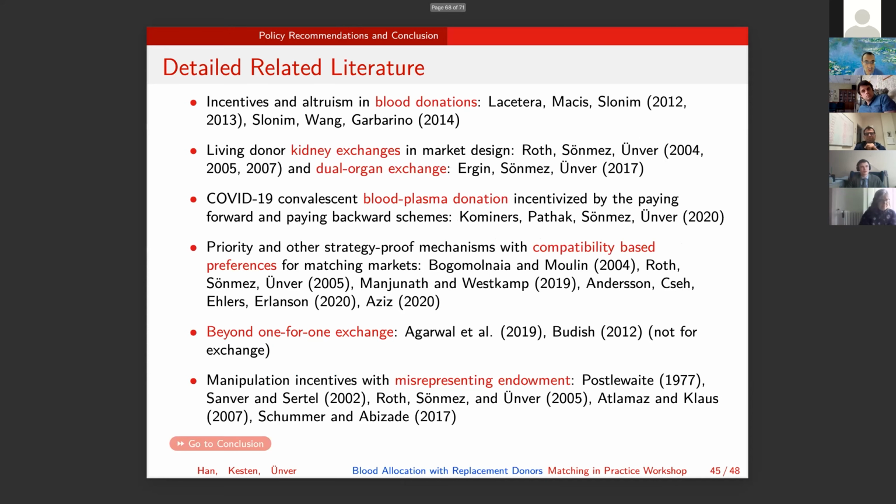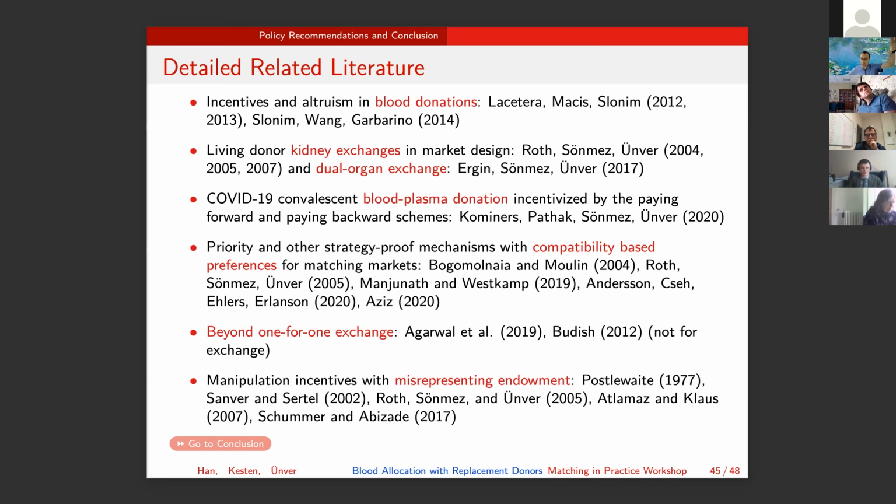So there's all this literature. The only thing I want to say is that beyond 1-for-1 exchange, there have not been too many papers except this competitive equilibrium idea of Budish. And there was a recent paper about different hospital systems, and the hospital systems exchange among each other kidney donors, for example, or pairs, if you wish, which pairs are valuable.